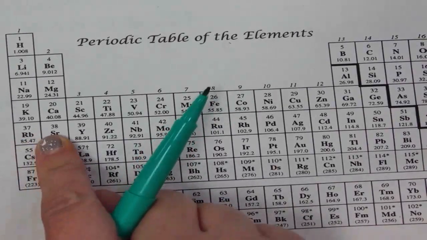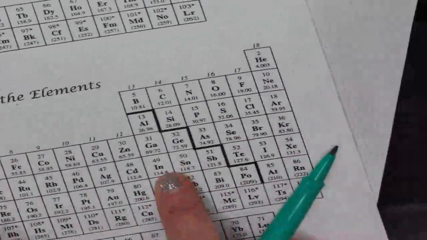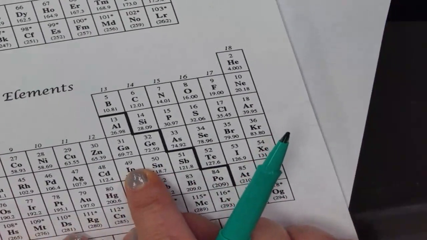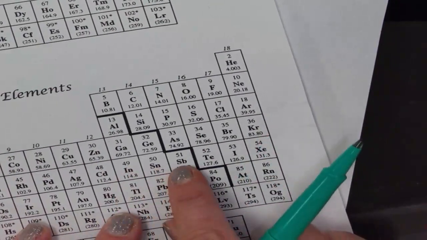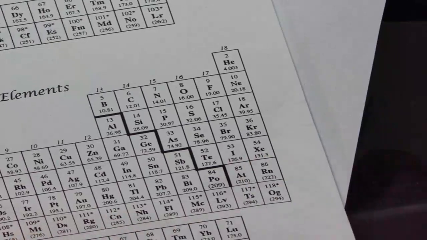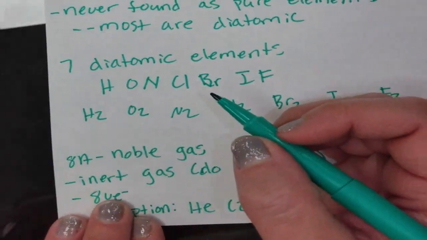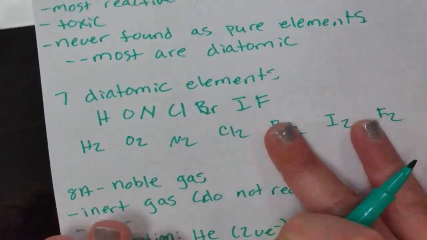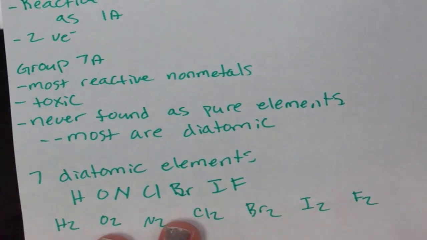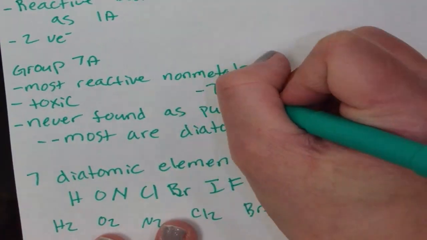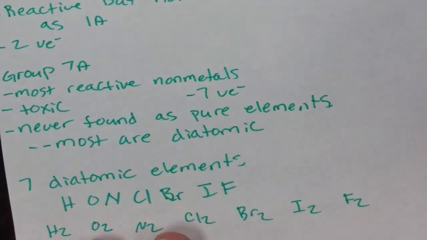So 1, 2, skip the D sublevel, go back to the P, 3, 4, 5, 6, 7, 8. So they have 8. Finally, let's go back and add in for our group 7A. They have 7 valence electrons, so we'll add that into our notes as well.